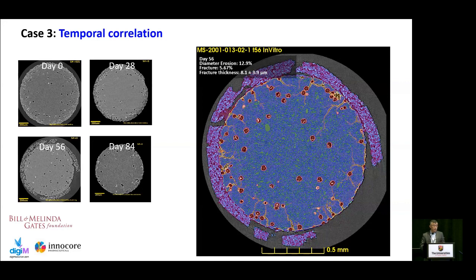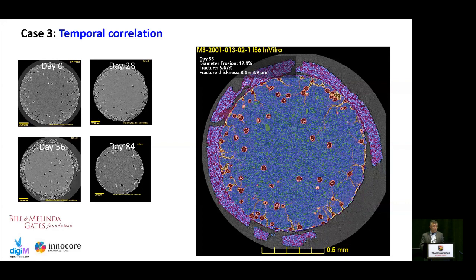This corresponds to an AI-assisted reconstruction of the microstructure features in this implant. So in this implant, we're looking at the grayscale and some morphological features. These are all fairly qualitative. This is our path to quantitative and predictive.